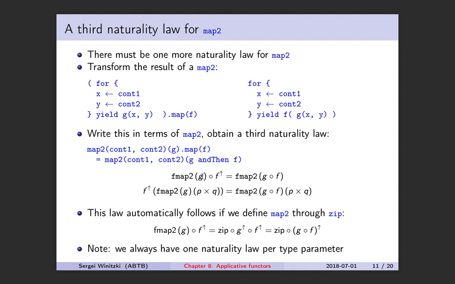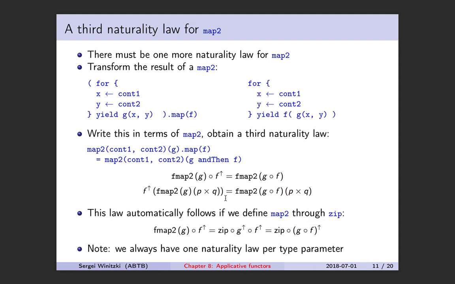And if we write it in the short notation, then map2 of G followed by some lifted function must be map2 of G on which we act with that function. Or if we rewrite the same thing by substituting explicitly the arguments P and Q, which are here cont1 and cont2, then we get this.